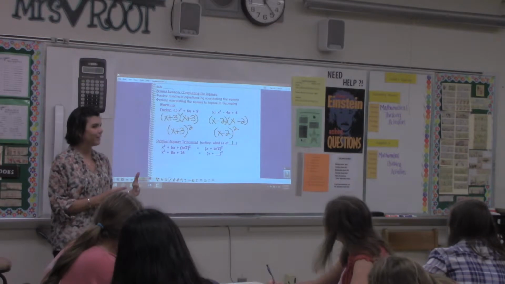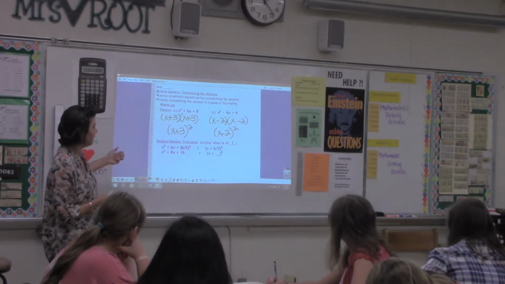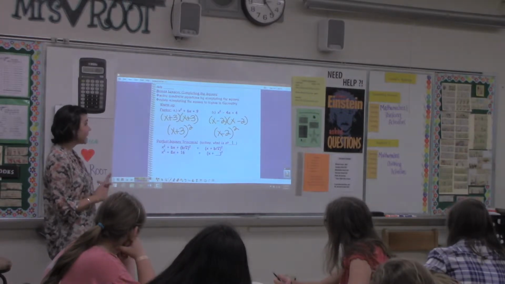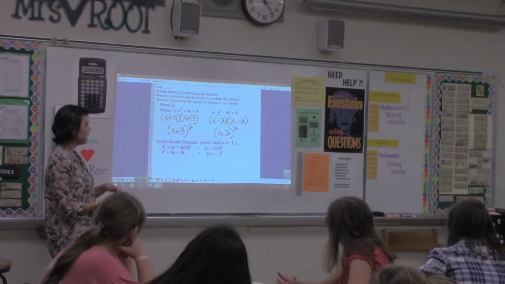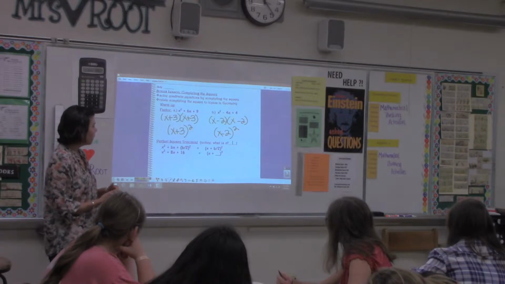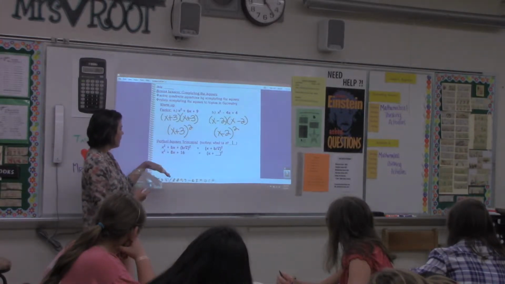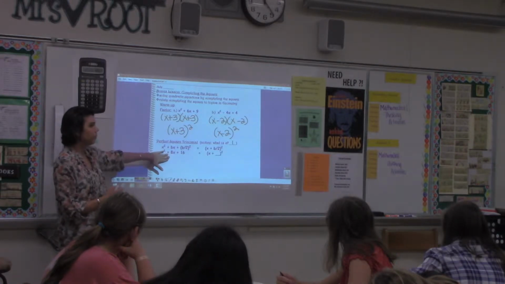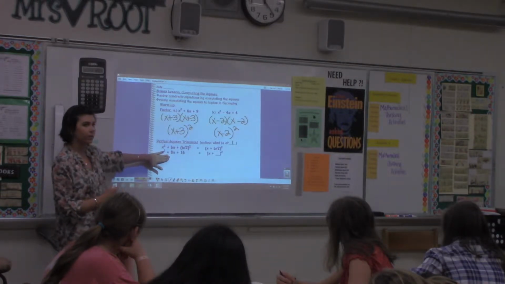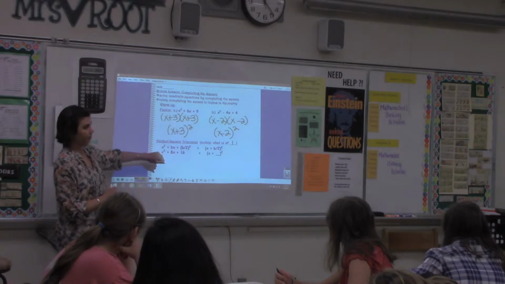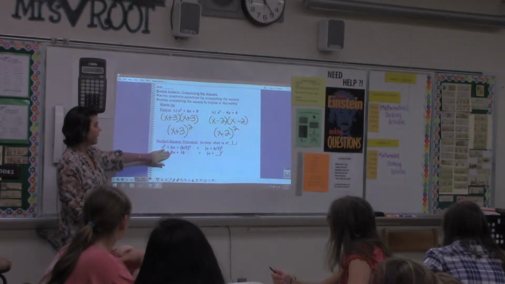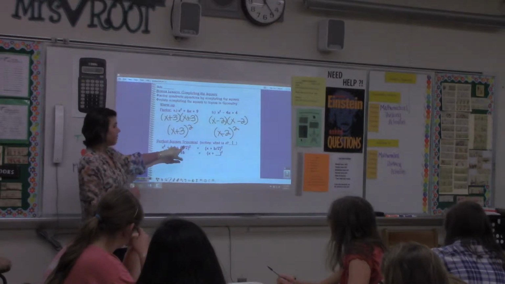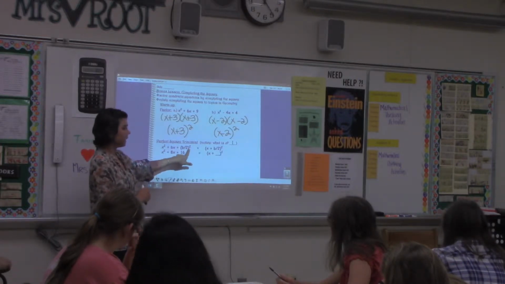So you kind of look at that and say, well, what exactly does that mean? So let's look at this example here. We have x squared plus 8x plus 16. So what we want to do to complete the square is take this number, and does anybody remember from what we did already this year? Take this number and divide by 2. Okay, so b is 8. We're going to divide by 2, and that's going to give us a 16.